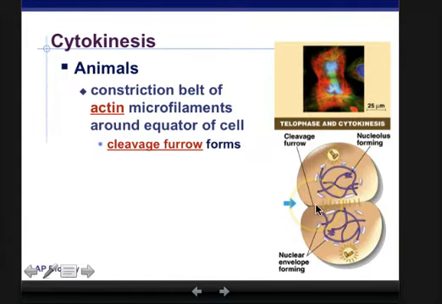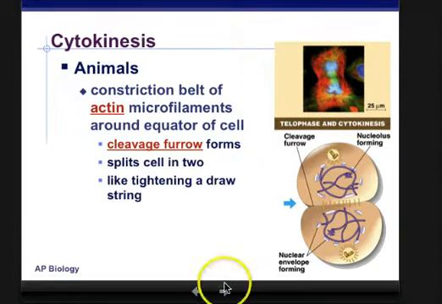So the cleavage furrow is a groove where the metaphase plate was. So you have actin and myosin contracting here, and the cell splits in two. It's like tightening a string around a balloon, or some other big ball of goo.